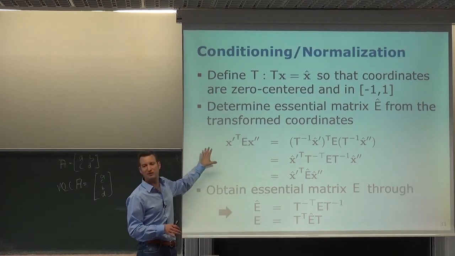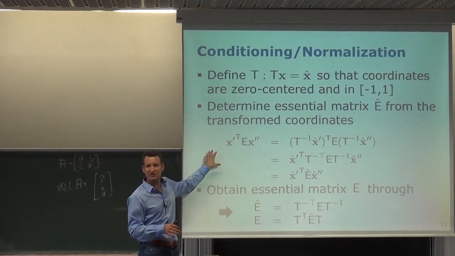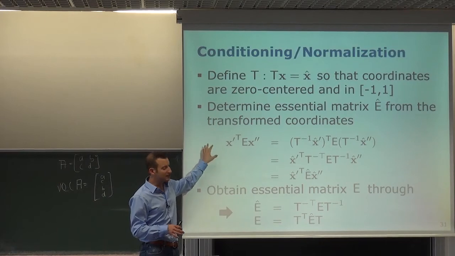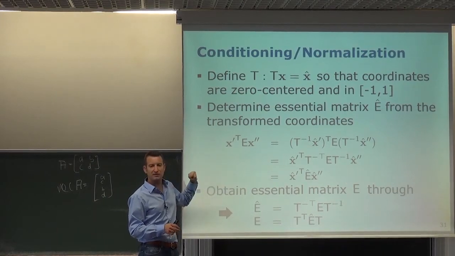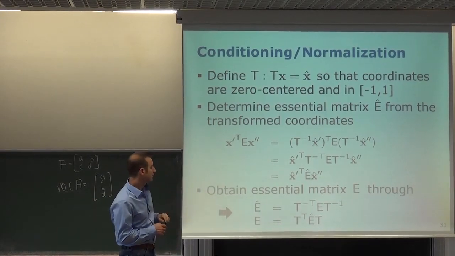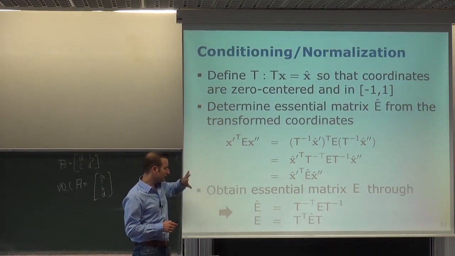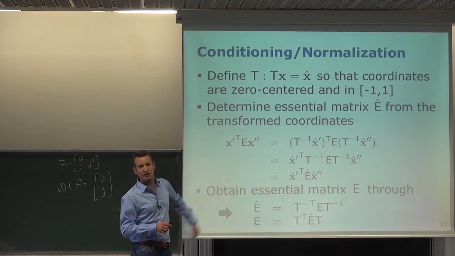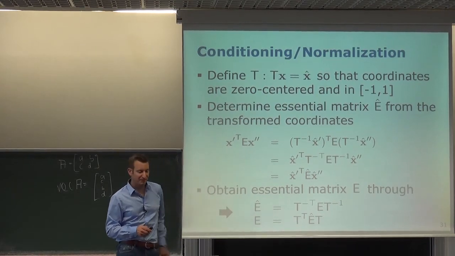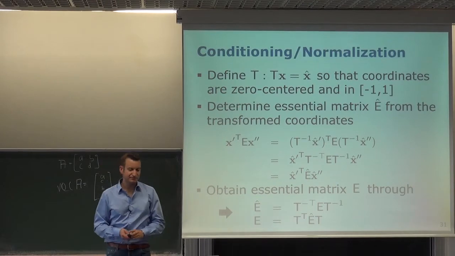I copied it over and seem to have forgotten to replace the E by an F and the essential matrix by a fundamental matrix. But the rest stays the same in here. So this holds for the essential matrix as well as for the fundamental matrix, it holds for both. Sorry, I'm going to fix this slide.